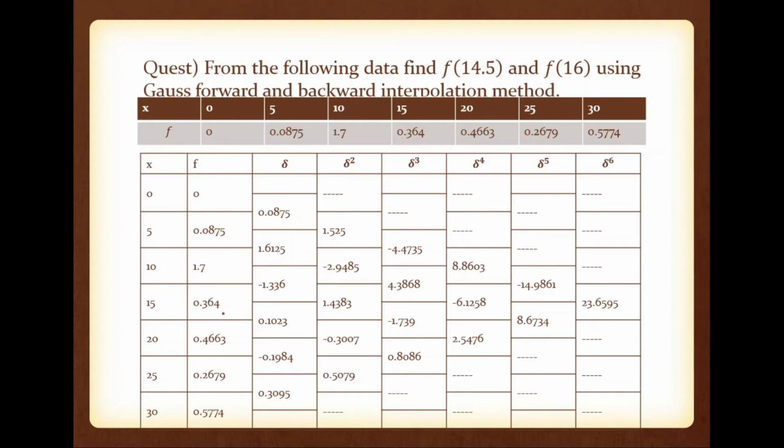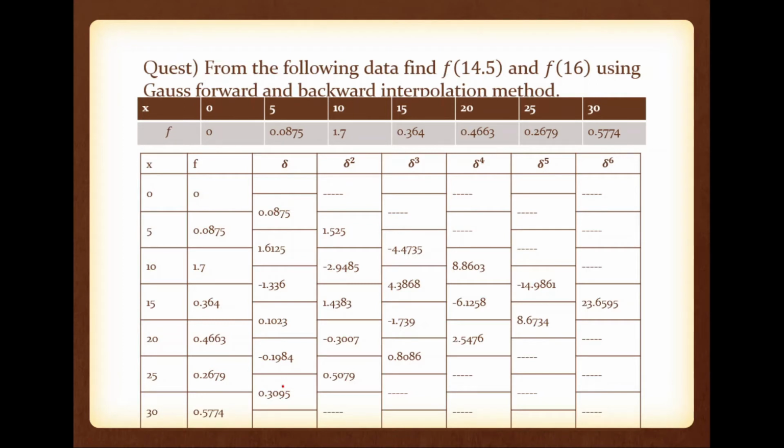Now 0.364 minus 1.7 is minus 1.336. 0.4663 minus 0.364 is 0.1023. 0.2679 minus 0.4663 is minus 0.1984. 0.5774 minus 0.2679 is 0.3095. So this is the first central difference data.